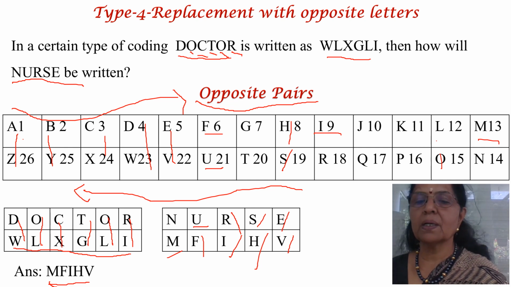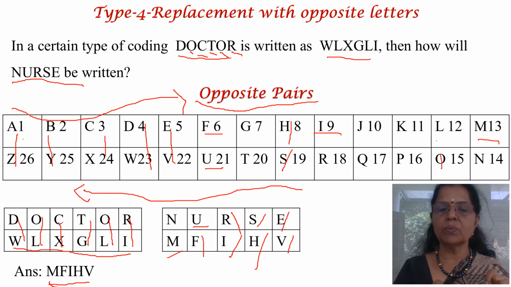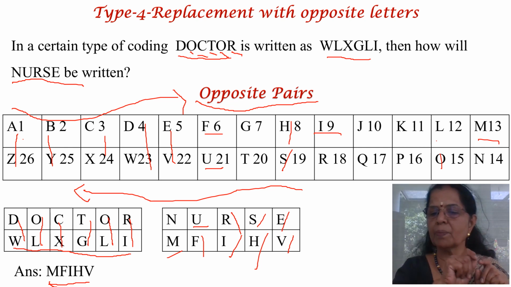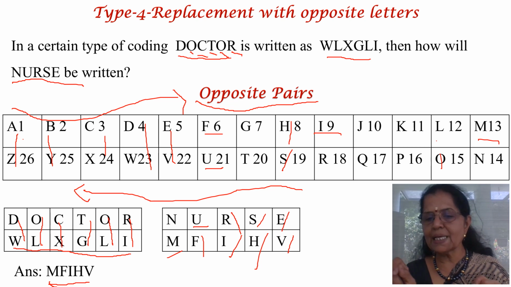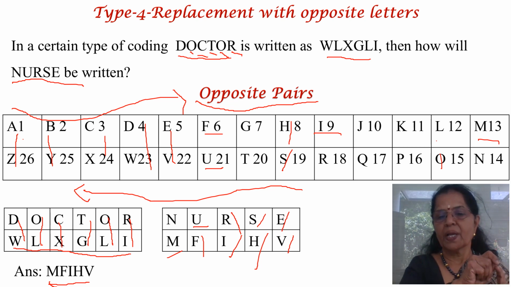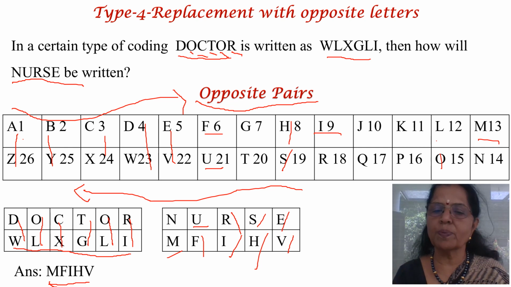Then only your table is correct. Both the alphabet and the number, A to M from left to right, and N to Z from right to left. I number them up to 26, and they will automatically form the opposite pairs.